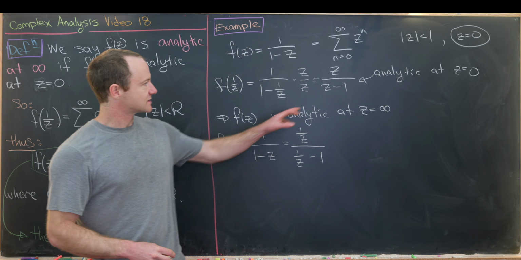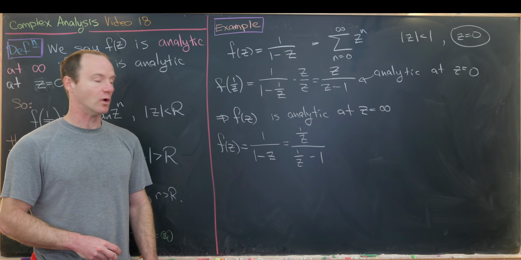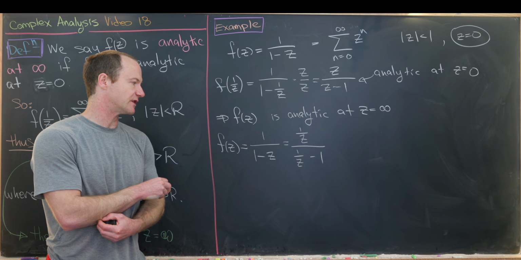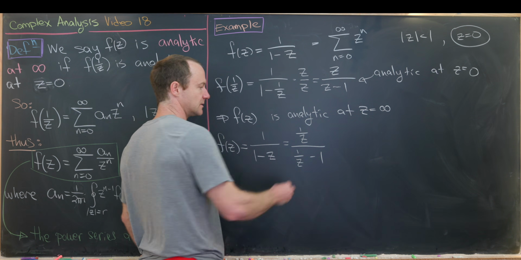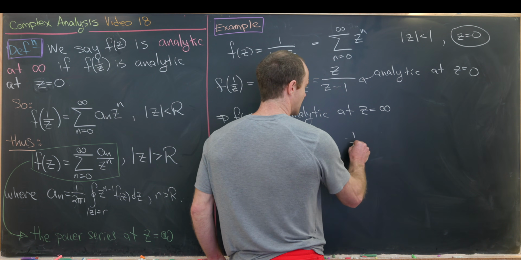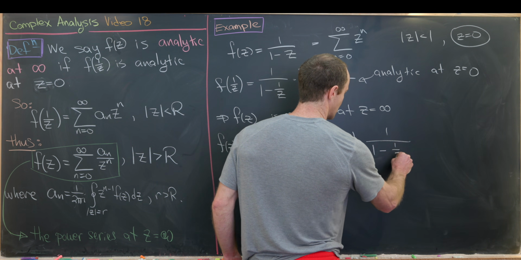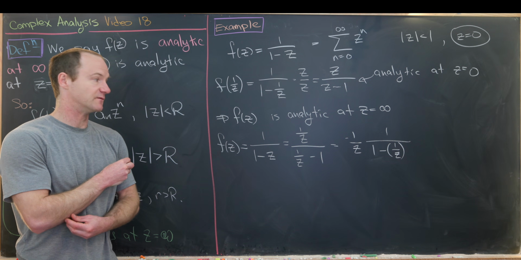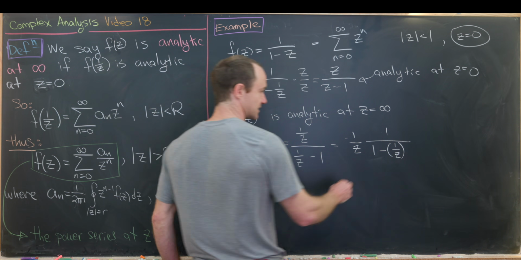So now it looks like this guy right here, where we've just replaced z with 1 over z, and we can take an expansion of this where we're viewing the 1 over z as a variable in its own right. So maybe we'll factor out a minus 1 over z, and that leaves us with 1 over 1 minus 1 over z. Like I said, we're going to think about that 1 over z as a variable of its own, and we can expand that as a geometric series.